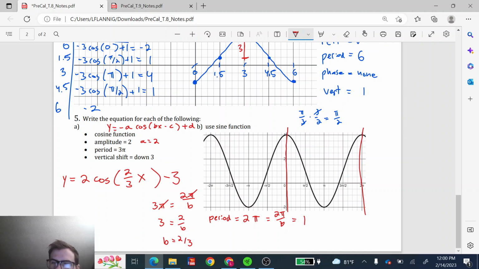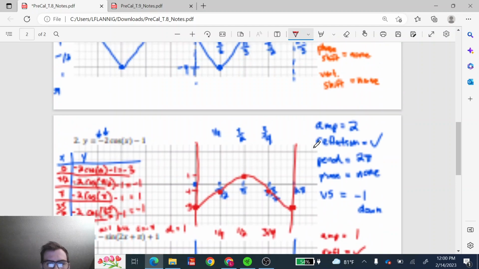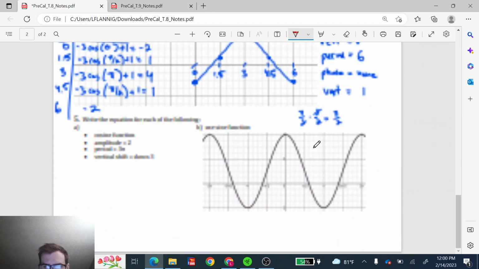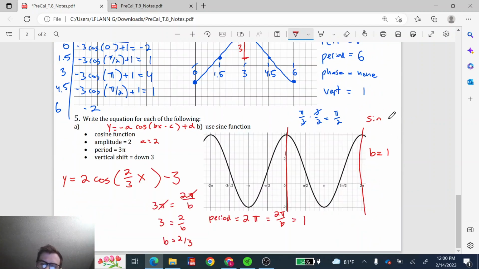So we know the first one. B is equal to 1. That's something we have to know. We know this is a sine function. You can see that it is not reflected, so we're not going to deal with that. So we have the sine function. We still need the a value, the c value, and the d value.